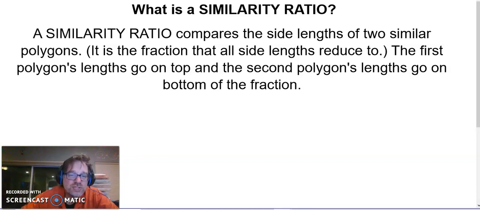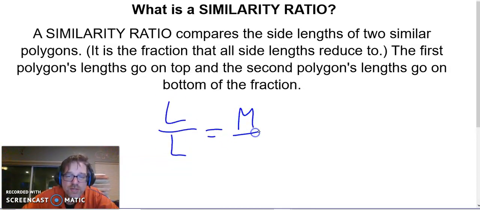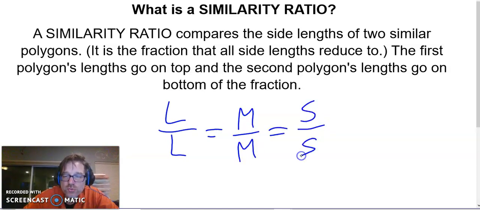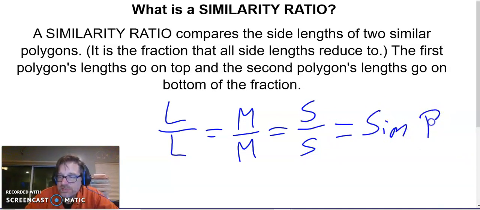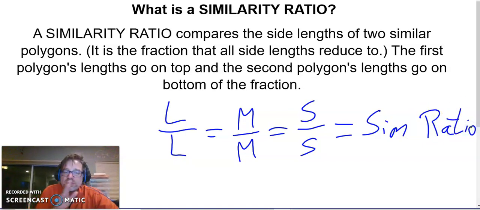So when we write our sides out, long over long, middle over middle, and short over short, whatever that fraction reduces to is called my similarity ratio. It compares the lengths of the sides on top of the fraction to the sides on bottom of the fraction. So that's my ratio, 2 to 3 in that first case that we did.